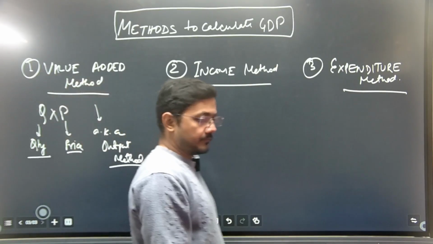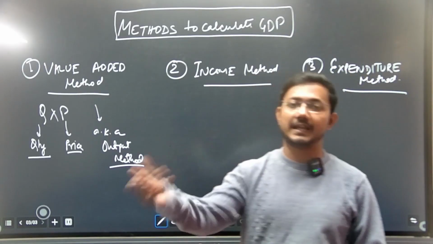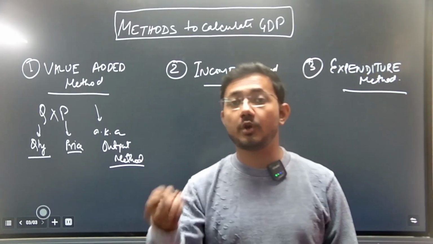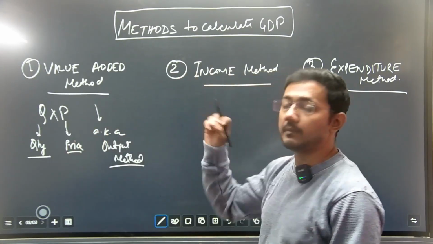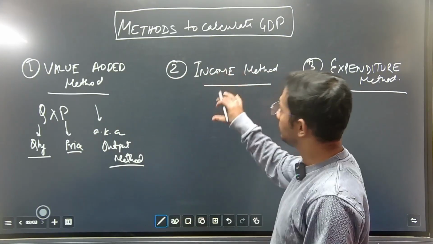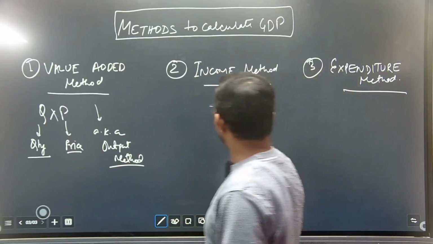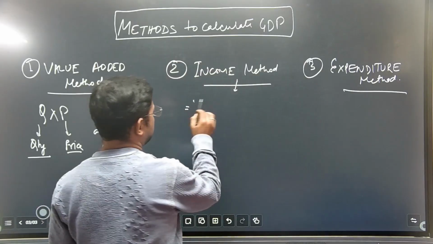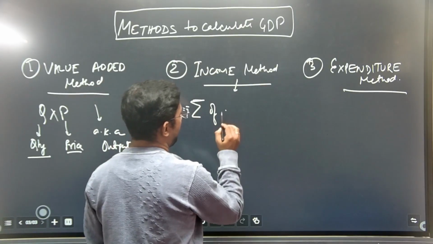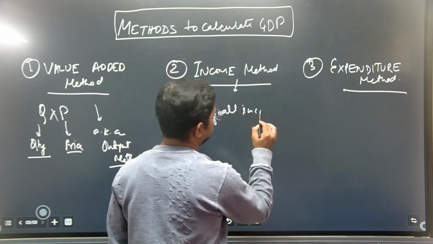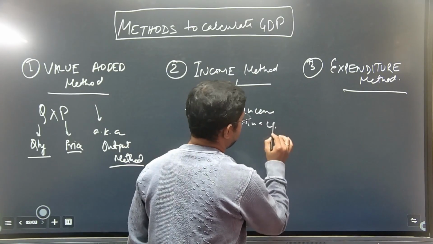Now, one interesting fact: if you are producing something and selling, that is your income. So we can say that production value and income are equal. So we can also calculate the GDP under the income method. What is done here? Whatever various types of income are there, we sum up all income generated in a country.